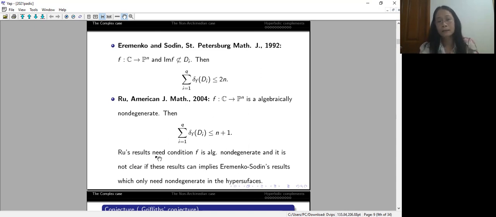And remark that the Ru result needs algebraic non-degeneracy, and also it is not clear whether this result can improve the Eremenko-Sodin result or not, because in the Eremenko-Sodin result they only need the image of f not contained in any one of them. So the two of them are independent. Even though Ru's result gets a better bound, the conditions of Ru's result and the Eremenko-Sodin result, we don't know if they are related or not.